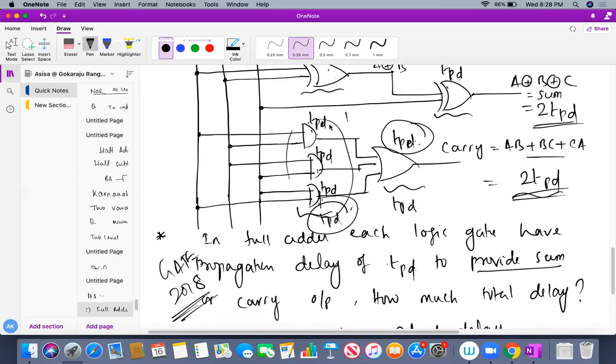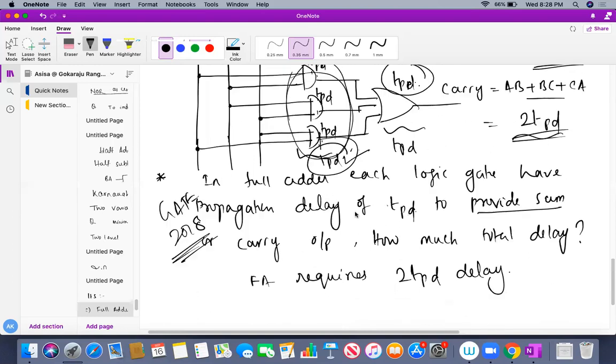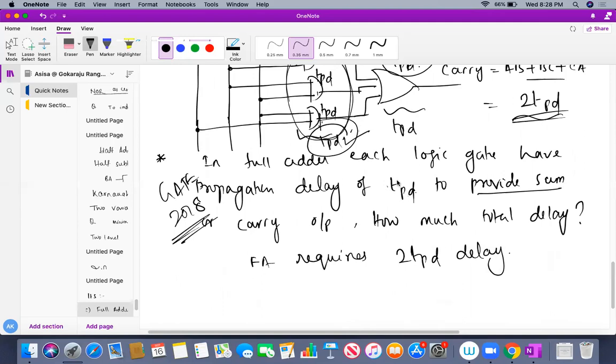These AND gates all give the output at a single propagation delay, TPD. If the question says each gate's propagation delay is 4 nanoseconds, how much total delay for sum and carry? Just multiply 2 into 4 nanoseconds: 8 nanoseconds is required for both sum as well as carry.